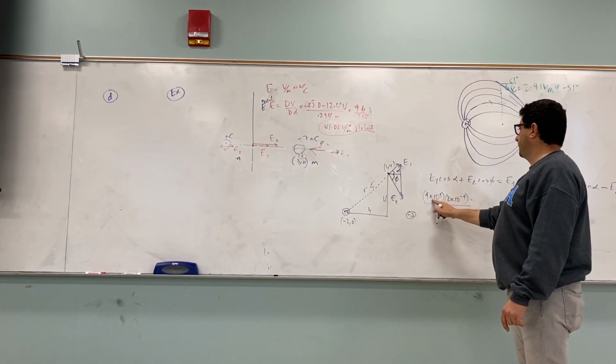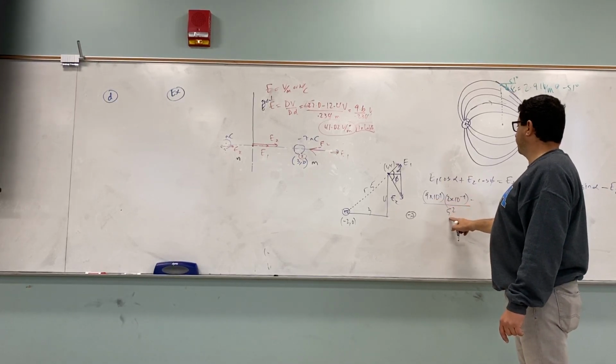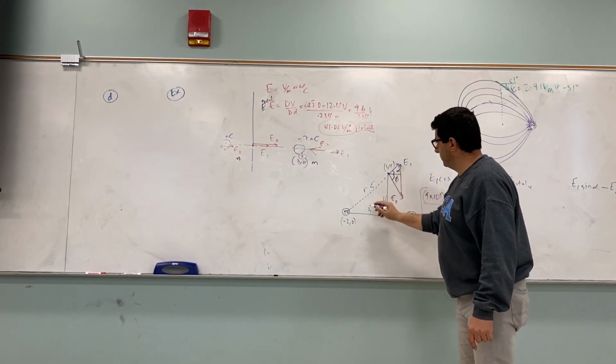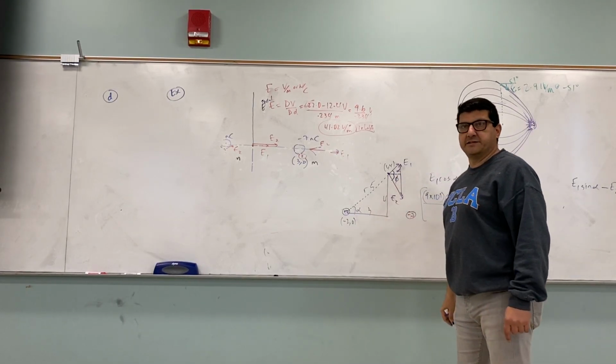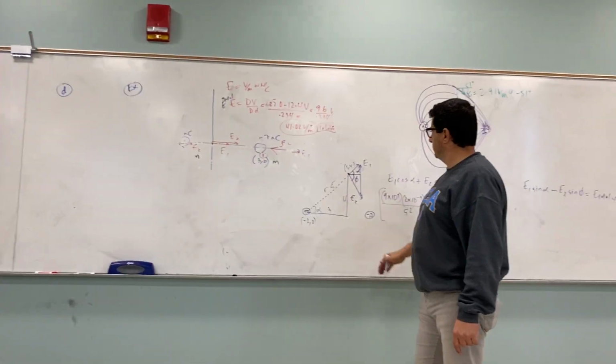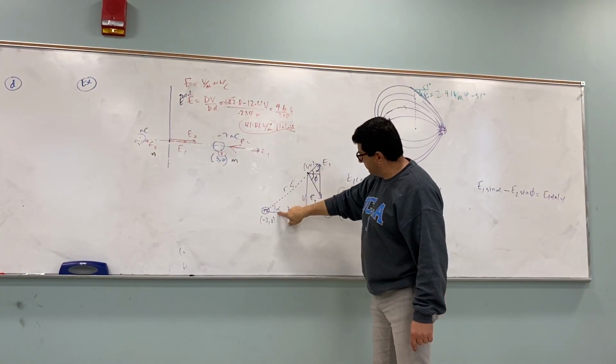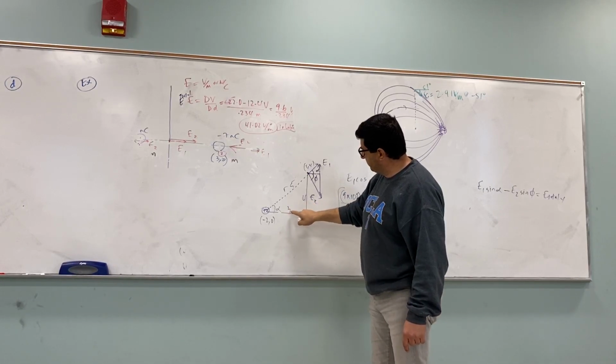So KQ over 5 squared. Then cosine of alpha is going to be the same as this alpha, right? Since this radial line from here to here, that alpha and that alpha are the same. They're similar. Cosine of alpha is 3/5.